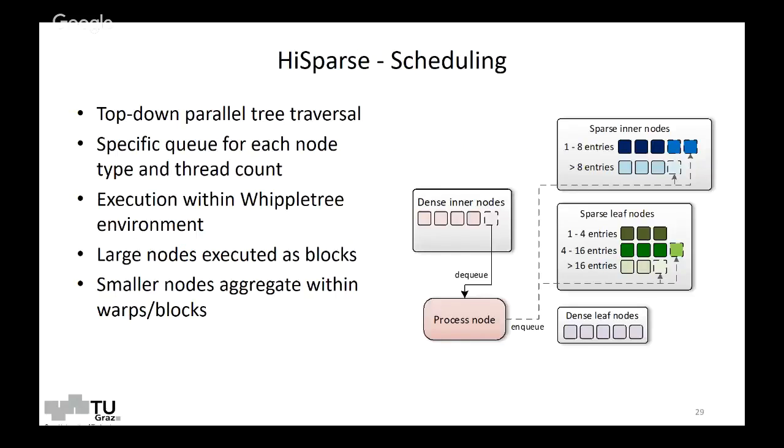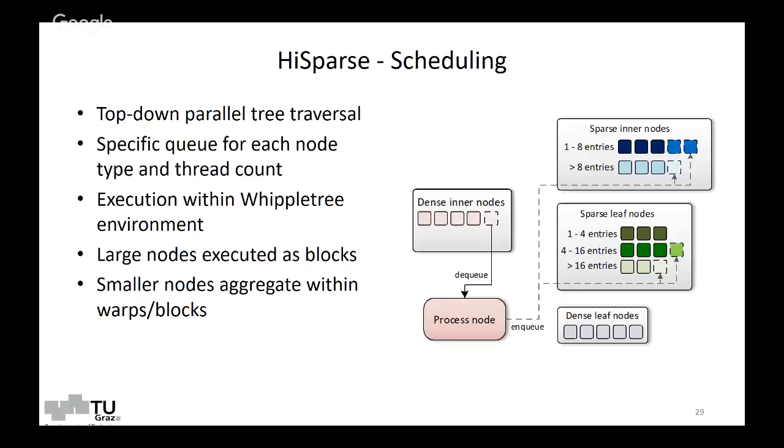So if we think about it a little bit more, what this means is we will have different queues in global GPU memory where we store information about different entries. We can also group them a little bit according to how many threads we want to start from them to be a little bit more efficient. And then we would just hand it over to the scheduler and say, okay, here is the root node, here's the information I want to store for execution.